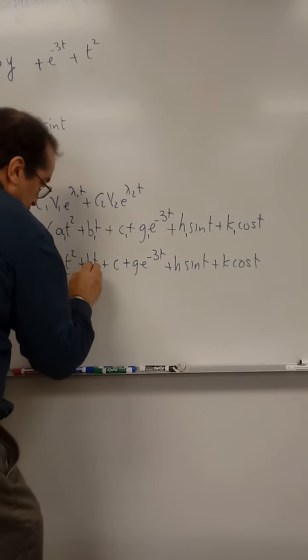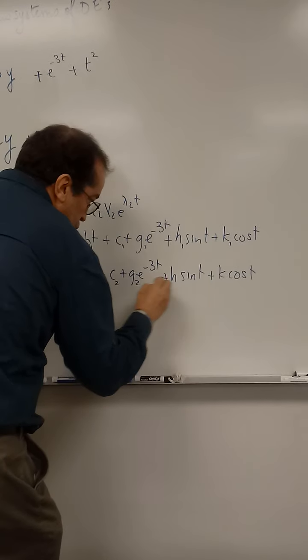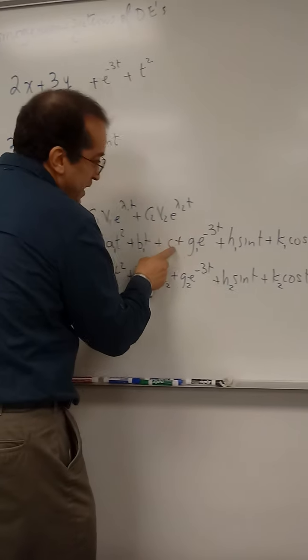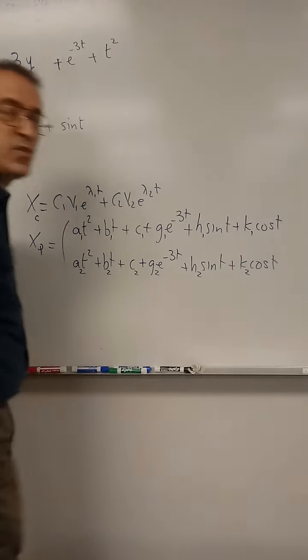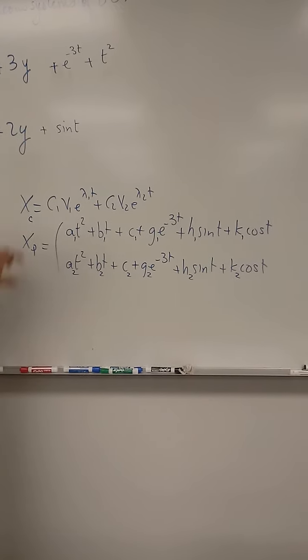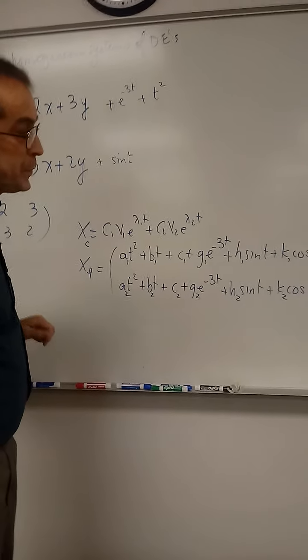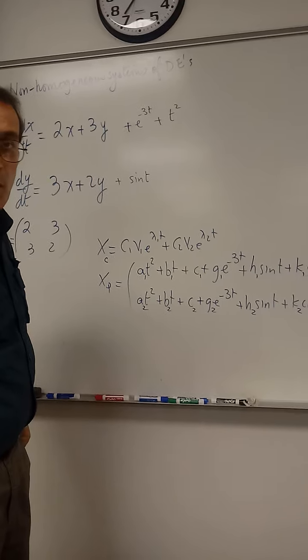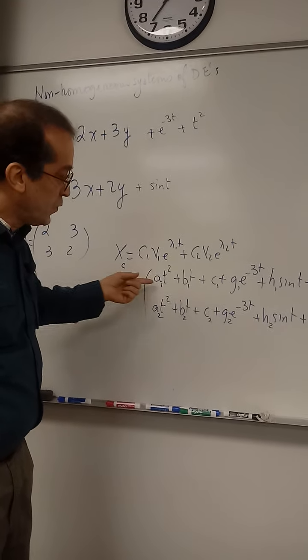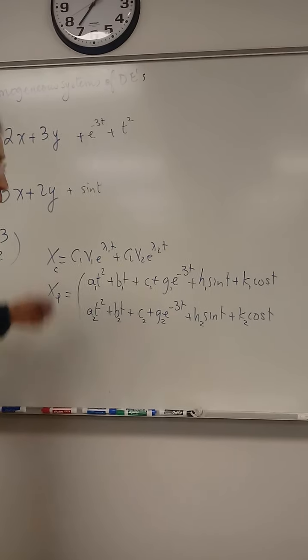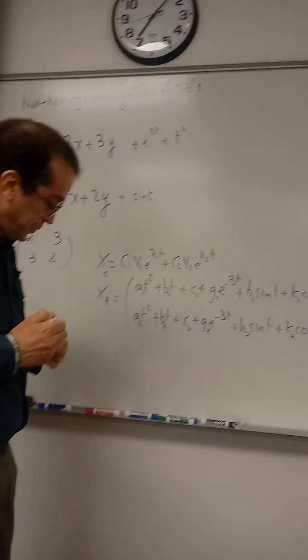And then for the other line, 2, 2, 2, 2, 2, and 2. So we have 12 constants to determine. Substitute both of these back into each DE, and you will end up with 12 equations and 12 unknowns, and solve for those 12 unknowns. Once you find them, put them back in here, and that will be your particular solution.